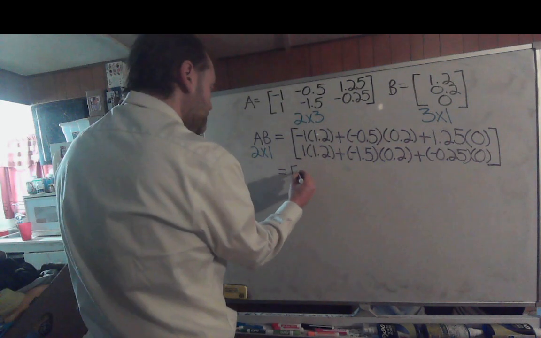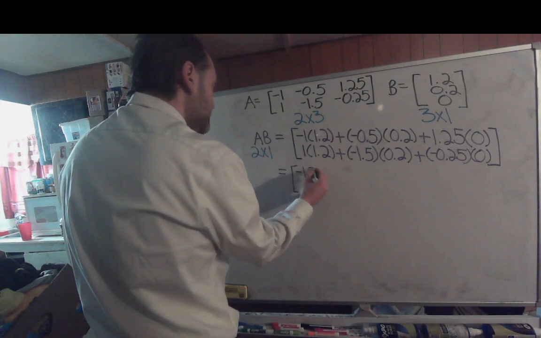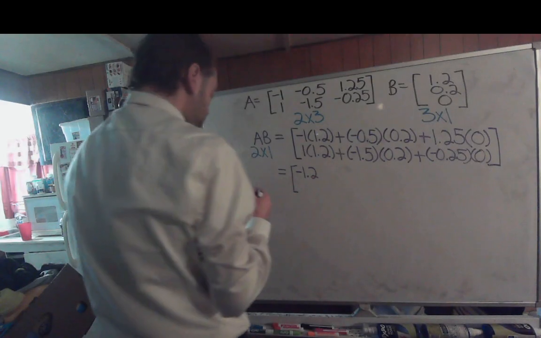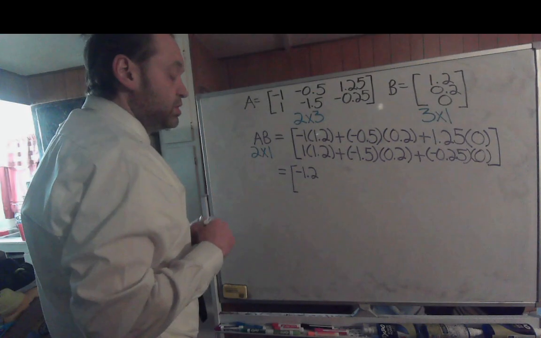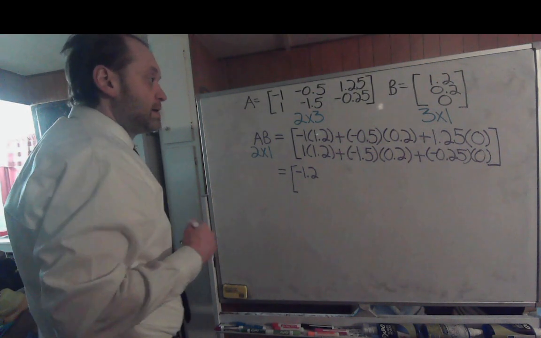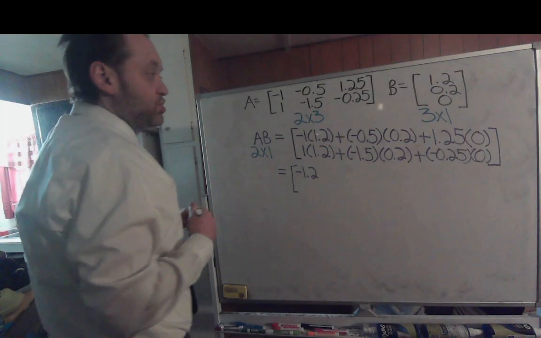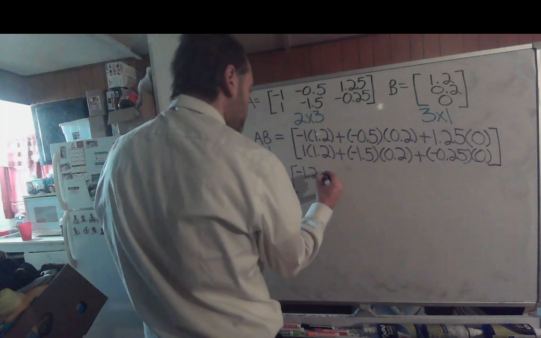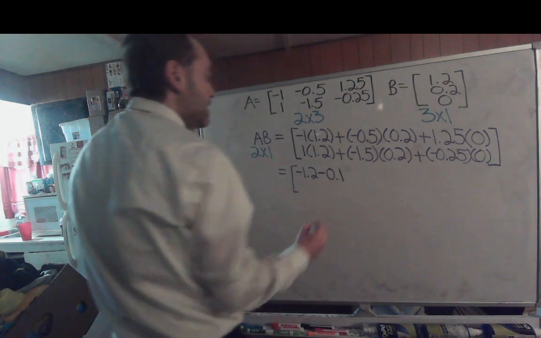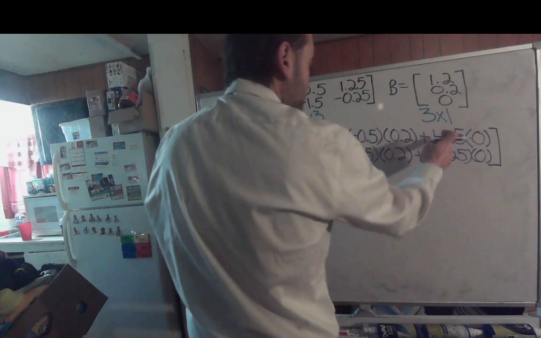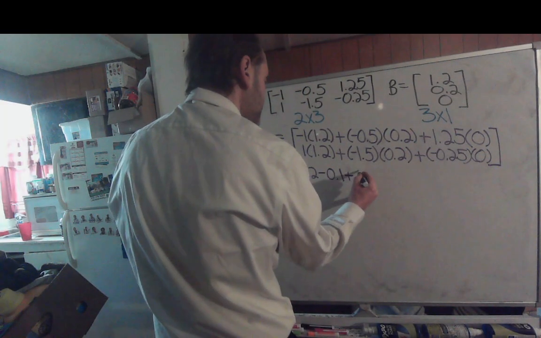Negative 1 times 1.2 is negative 1.2. Now, what is negative 0.5 times negative 0.2? That should be actually negative 0.1, so that'd be minus 0.1. And then you would have 1.25 times 0, that's just 0.